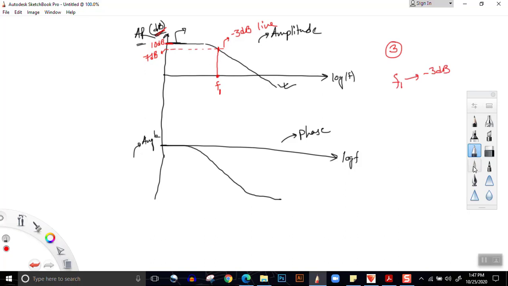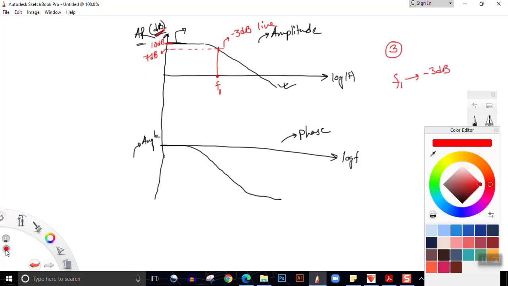The second method of determining break frequency would be, let's change the color for better understanding. You draw a tangent here and you draw a tangent here. These two tangents intersect at this position. From this position, you draw a perpendicular.